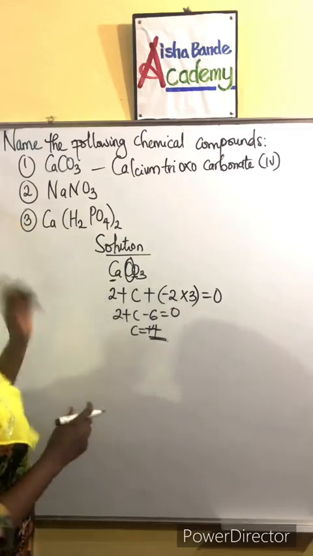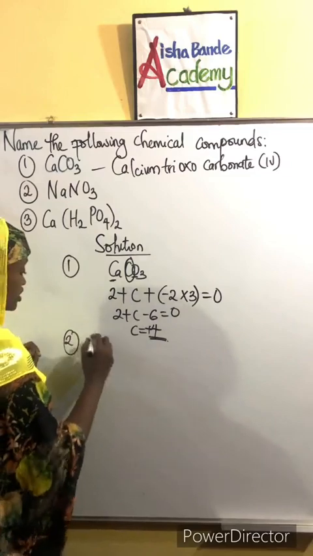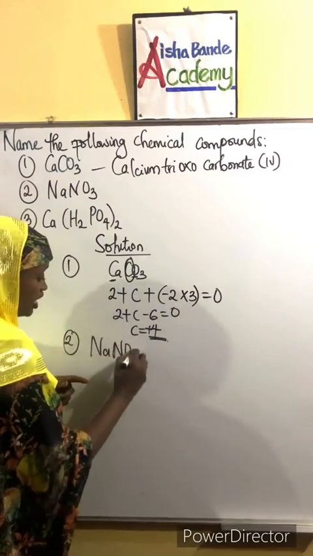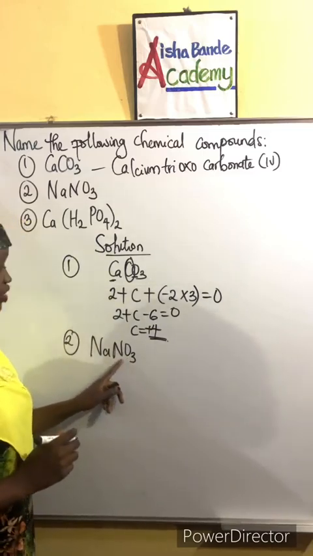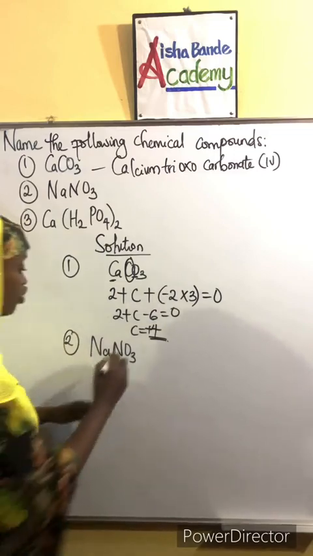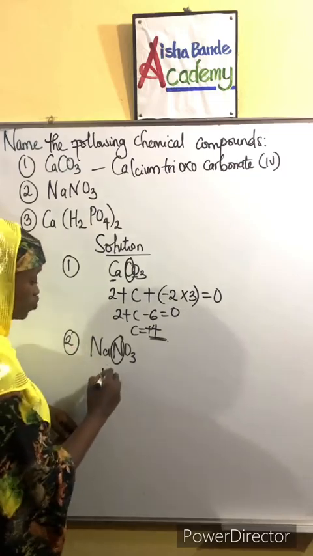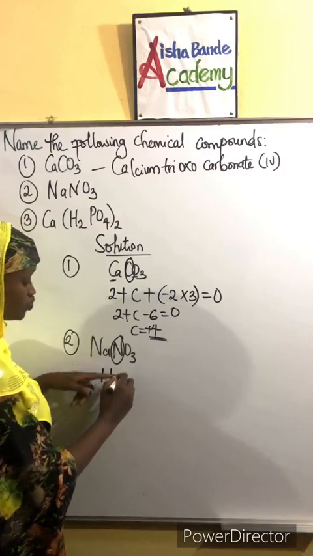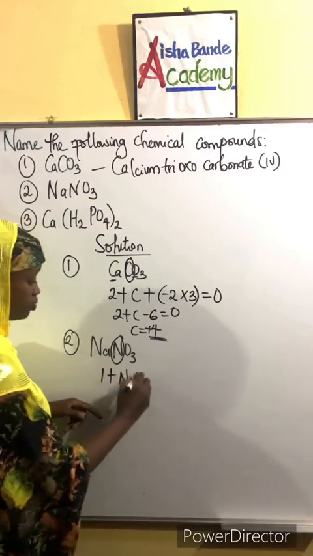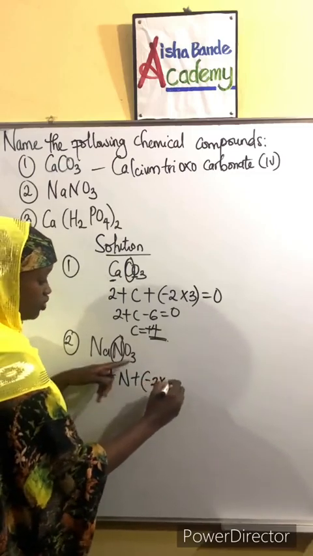Okay, so let's move on to the next one, which is NaNO3. The Na here means sodium, then nitrogen, and oxygen. So we have to calculate the oxidation number of nitrogen in this case. Sodium has an oxidation number of +1. So here is sodium 1 plus nitrogen, whose oxidation number we have to find, plus open bracket, oxygen has an oxidation number of -2, and here we have times 3.